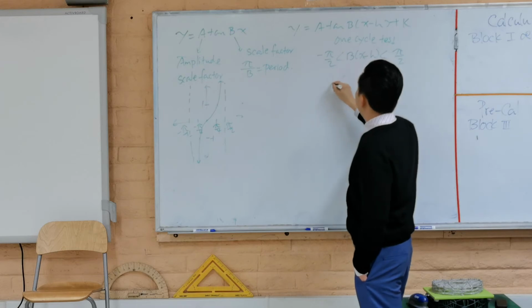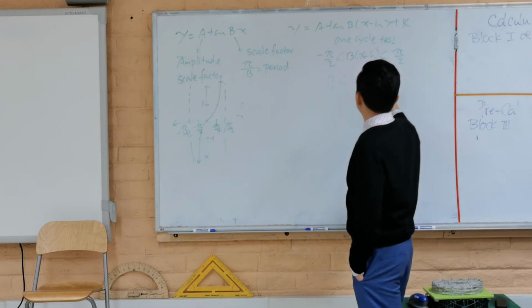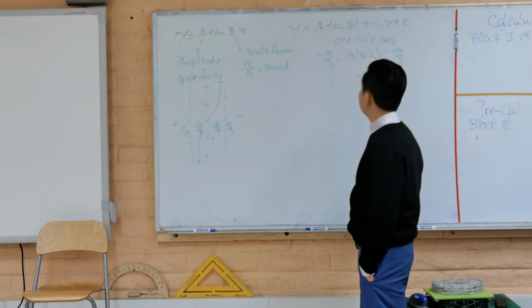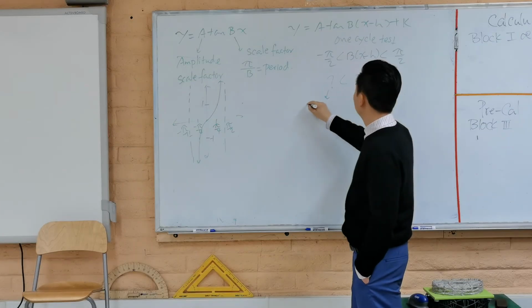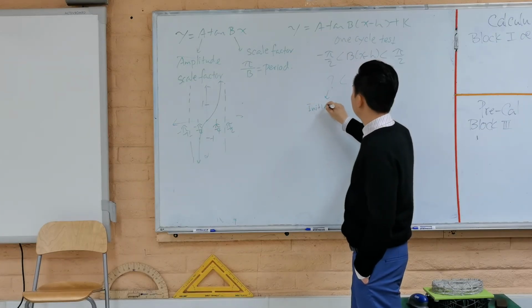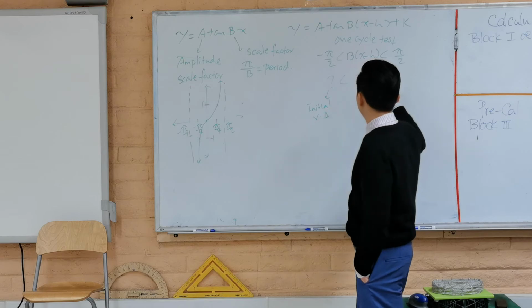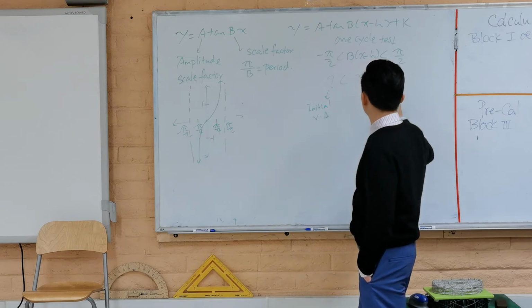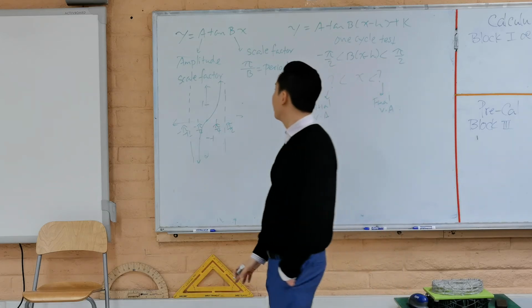Whatever value you find for the variable x shows the initial vertical asymptote and the final vertical asymptote. Okay?